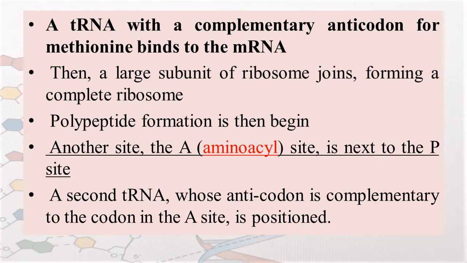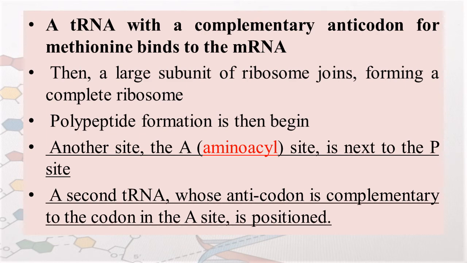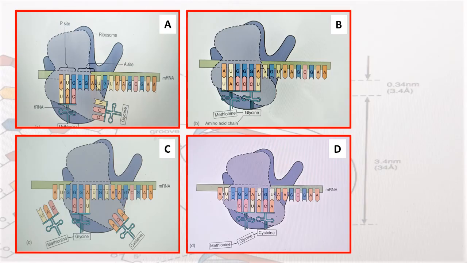Another site, the A site, is next to the P site. A second transfer RNA whose anticodon is complementary to the codon in the A site is then positioned, just like this one.